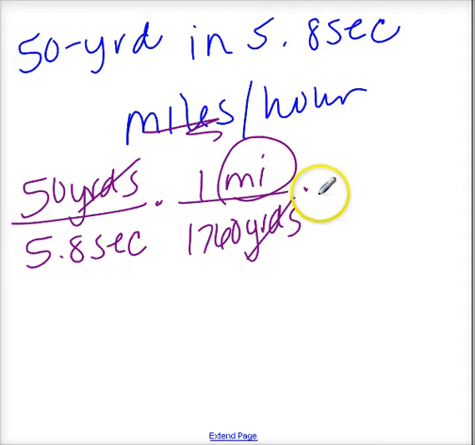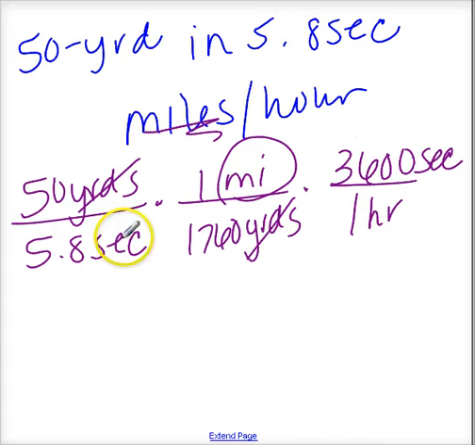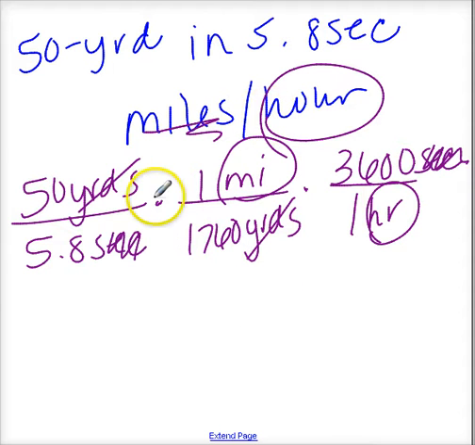Now I need to get seconds to hours. Well, I know that in 1 hour, there are 3,600 seconds. Now my seconds labels cancel out, and I have per hour, which is what I want as well. Now I multiply across. 50 times 1 times 3,600.